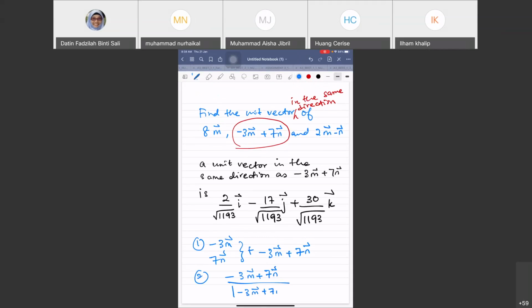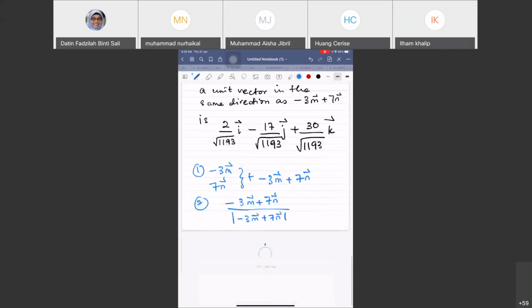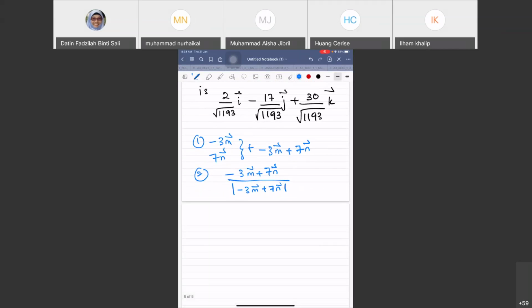So you need to find the magnitude of that minus 3m plus 7n. In this case, the question doesn't mention you verify your answer.